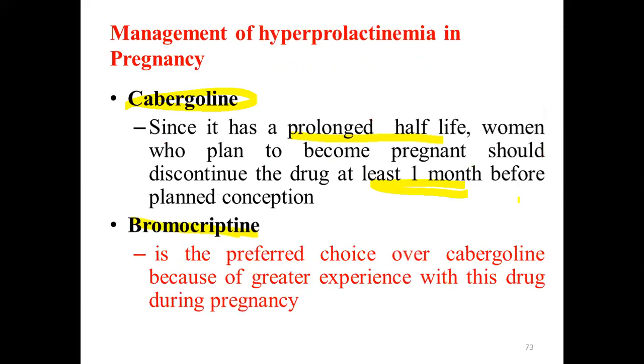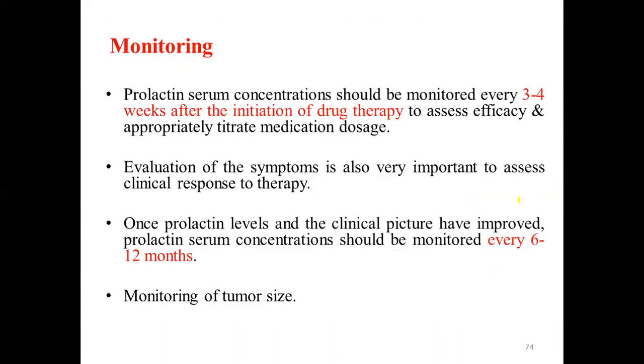That is why the mother is supposed to be notified to discontinue 1 month in advance before planned conception. So that is the recommendation. In short, when the prolactin level is high in pregnancy, bromocriptine might be the drug of choice because of greater experience during pregnancy, although the safety is not absolute.